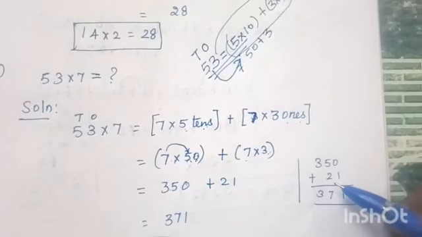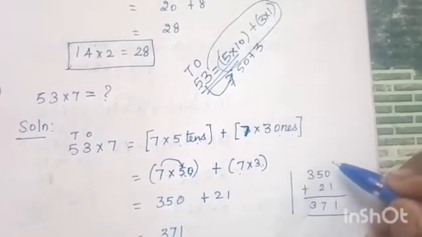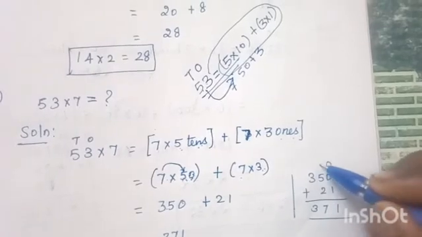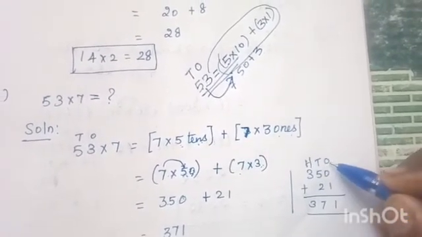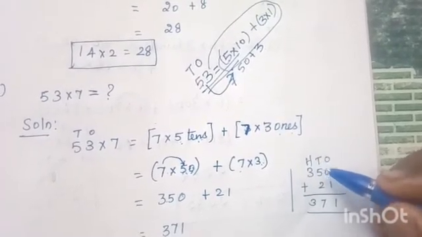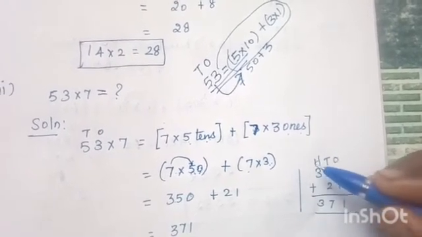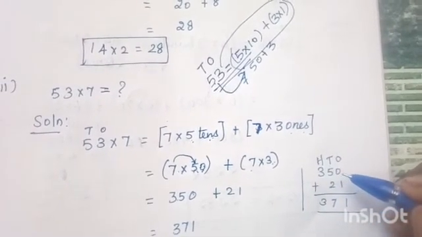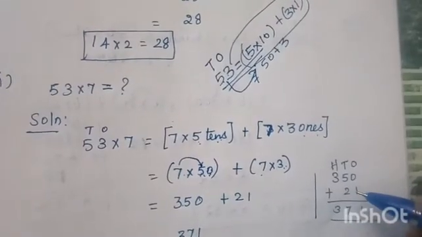That is 350 plus 21. For this addition also we have to write along with the place value. The ones place value write in the ones place, the tens place value write in the tens place, the 100 place value write in the 100 place. According to the place value we have to denote the numerals. Numerals means numbers.